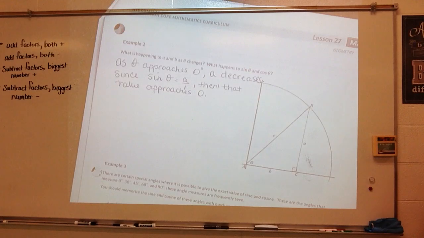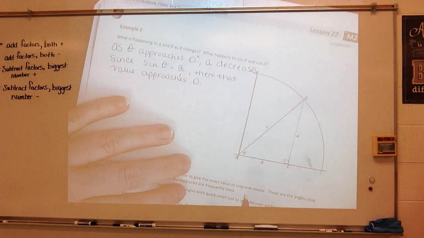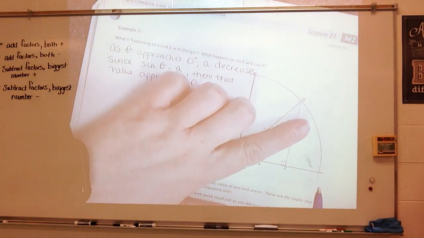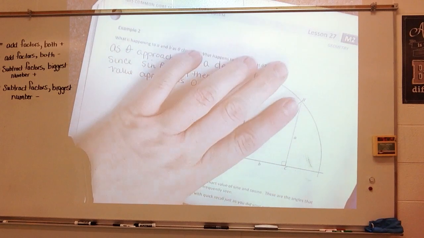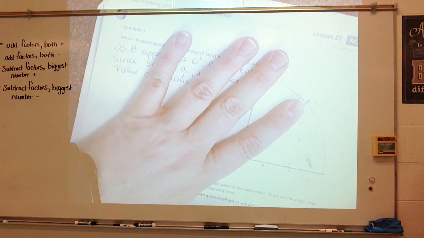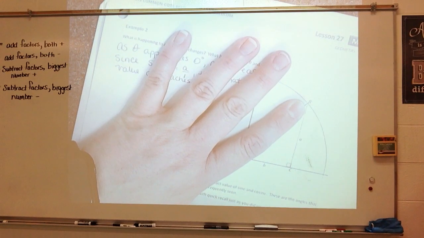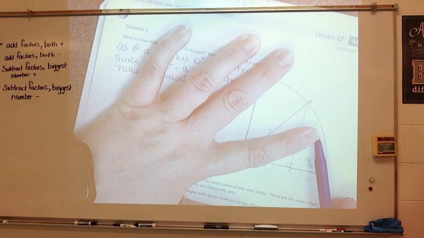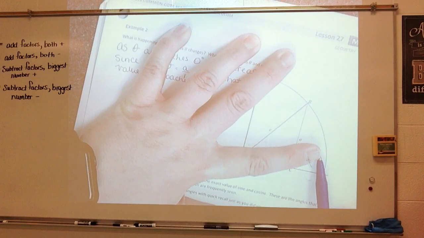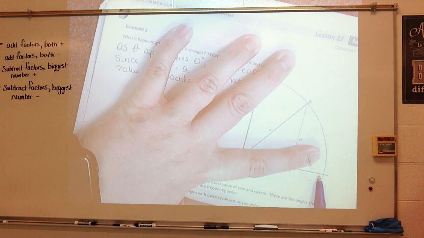So then let's talk about what happens to B. As my angle closes, notice what happens. Here's my finger, and my finger is at the end of A. As I close this angle, notice the tip of my line is moving out here.